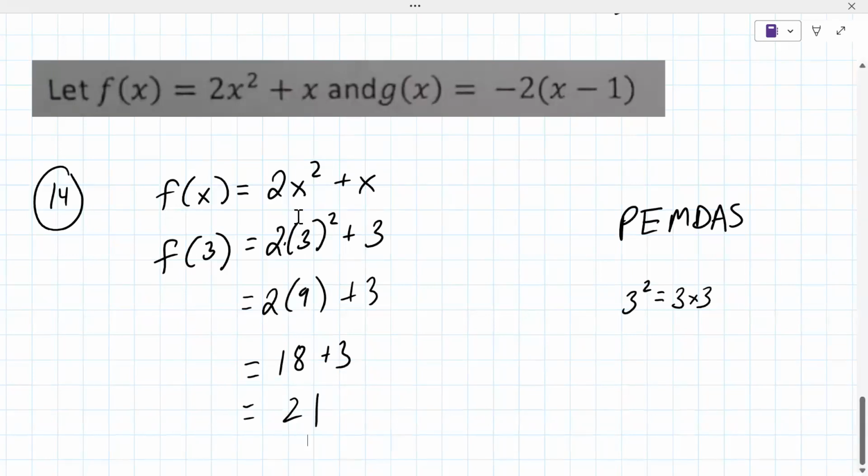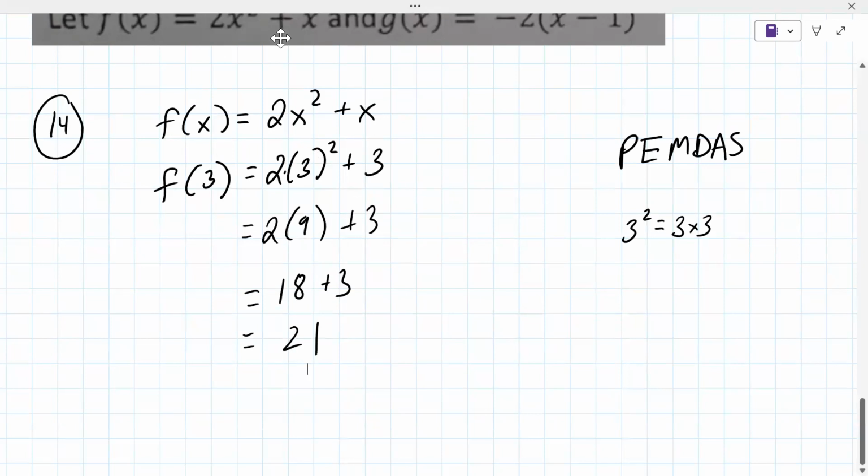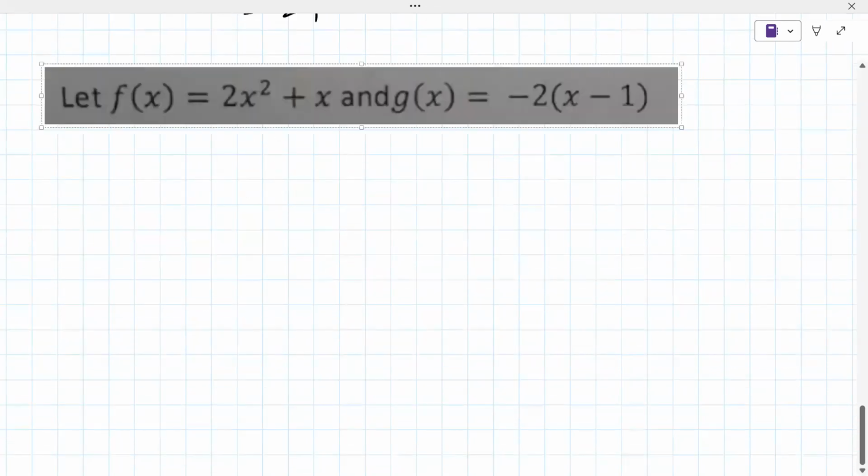Okay. So let's have you try. It makes it a little more difficult. Calculate g of -1, please.